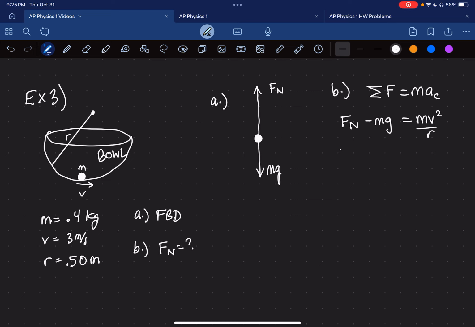We've seen this, or similar to this: mv squared over r plus mg. And now we will substitute our numbers, 0.4, not 9, but 3 squared, over 0.5, plus 4.